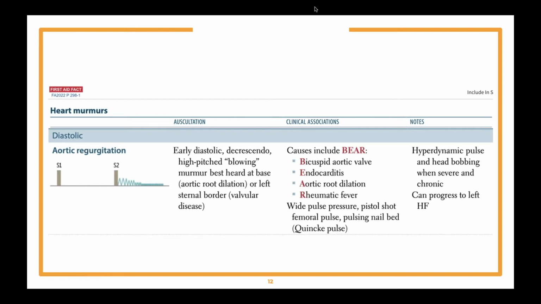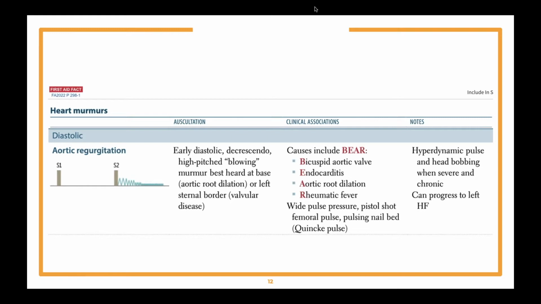You can also see other things like wide pulse pressure. There are some important associations and causes you need to know, whether it's a bicuspid aortic valve, endocarditis, dilation of the aortic root, or rheumatic fever. This patient probably has chronic aortic regurgitation.